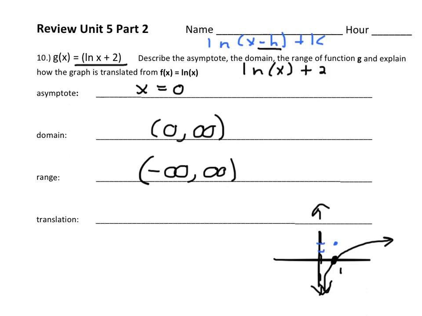So this point went to here, and it just looks like that. That's all it did. It's still infinitely close to x equals 0. And so we can say that it just translated by moving how? If you said up 2, you are right. So you're going to say up 2 units.